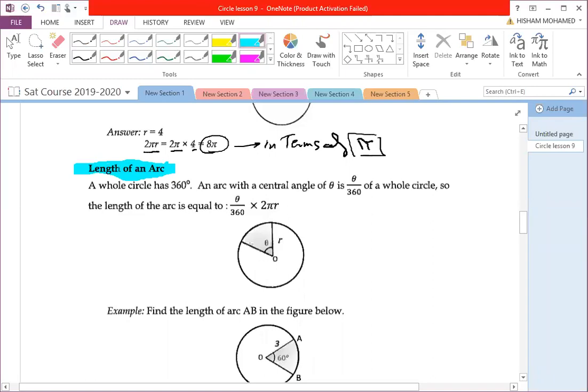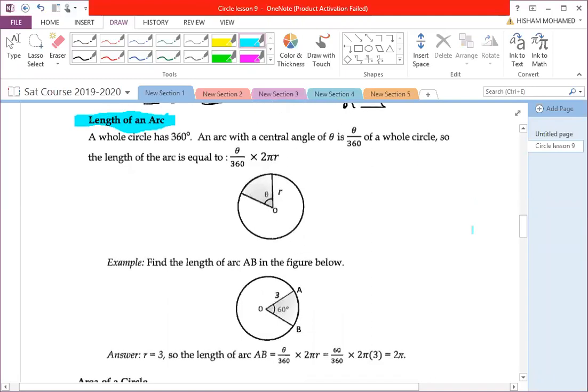How can we find the arc length? As we said, the arc length represents a part of the circle. So the arc length is the angle divided by 360, to give me the ratio which the arc represents, multiplied by 2 pi r.